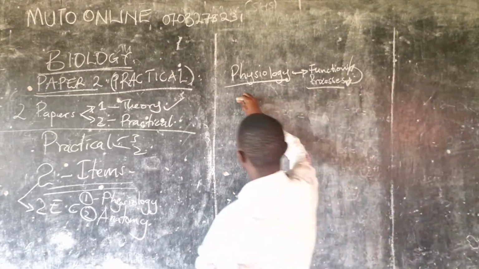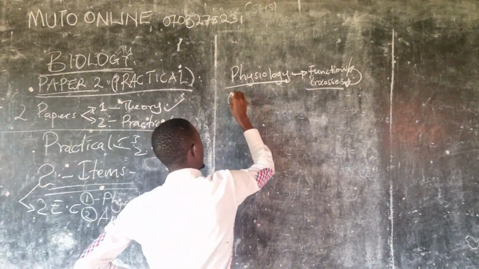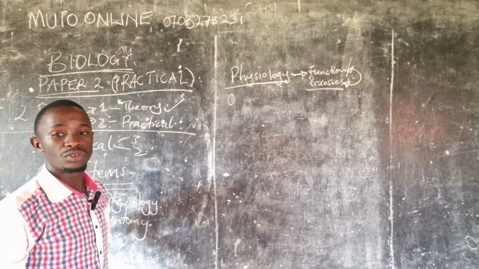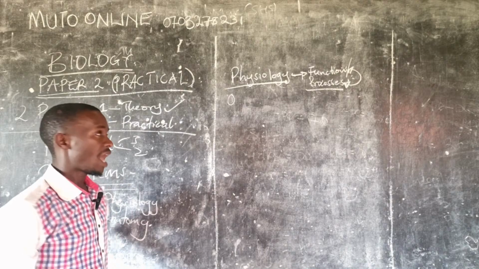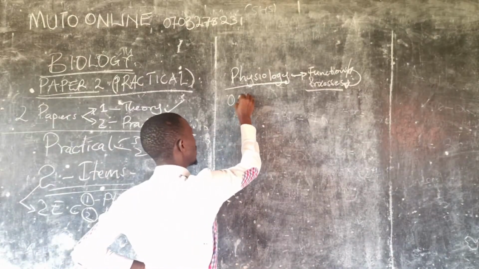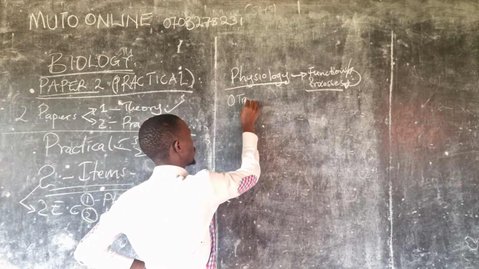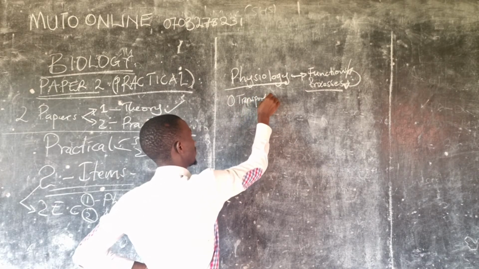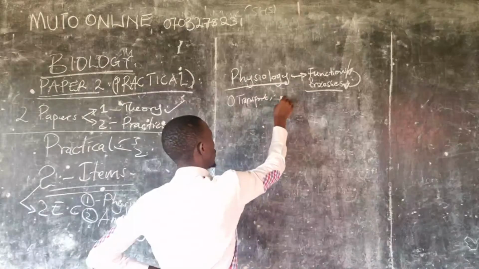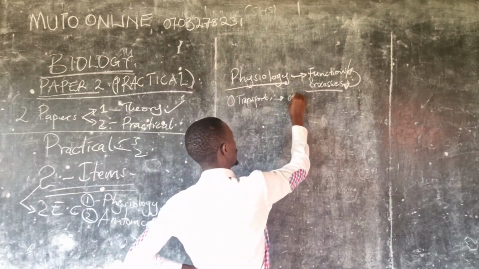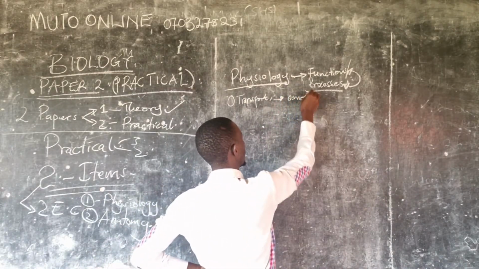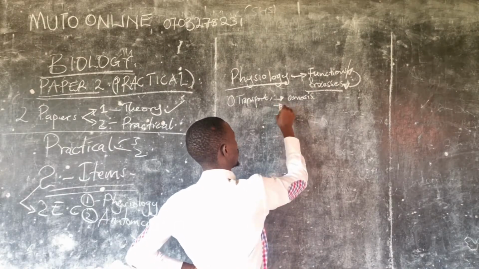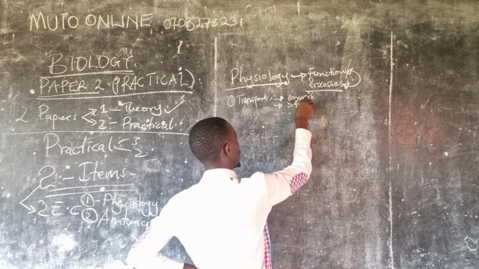Still under this, we shall look at a number of sections of biology. These will include some practicals from transport, and these practicals will include practicals of osmosis and practicals of diffusion.